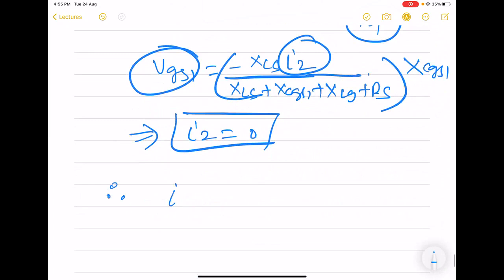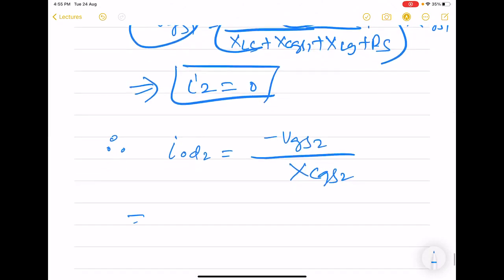Therefore, IOD2 is equal to minus VGS2 divided by XCGS2. So this gives us VGS2. This is the first parameter that we started to find out.